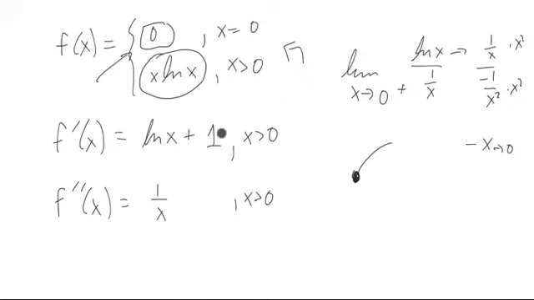Now let's take a look at the first derivative information and see what we can glean from that. On the first derivative, the only domain issue is at the endpoint here. So let's go in the interior, and the only other thing that could happen is equaling 0. This is equal to 0 precisely when the natural log x is equal to negative 1, which happens at e to the negative 1, or 1 over e.